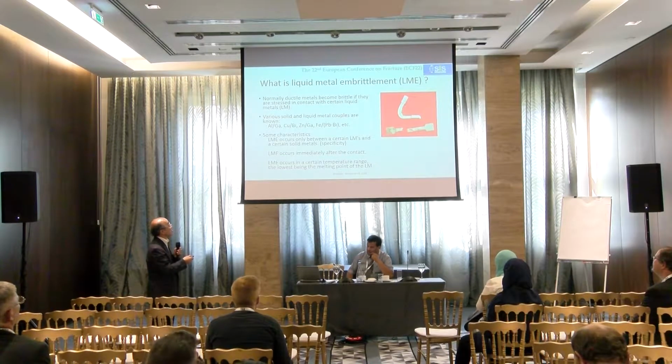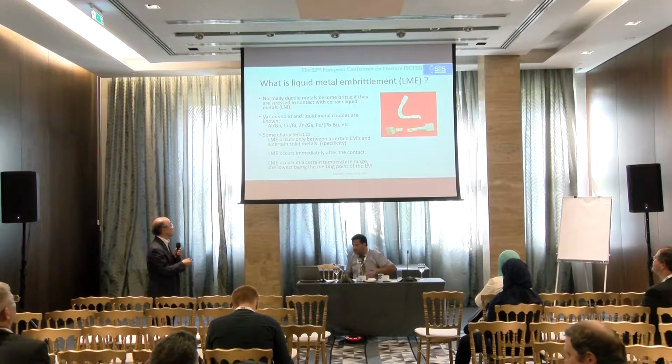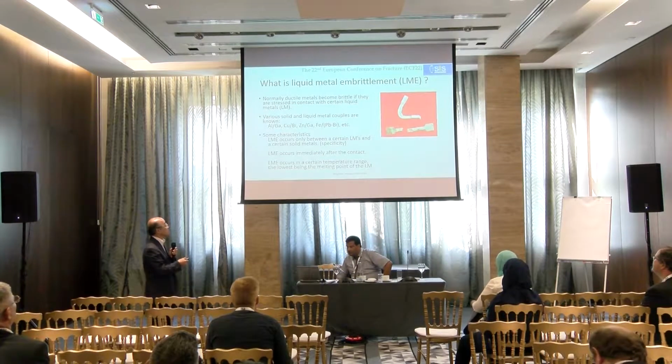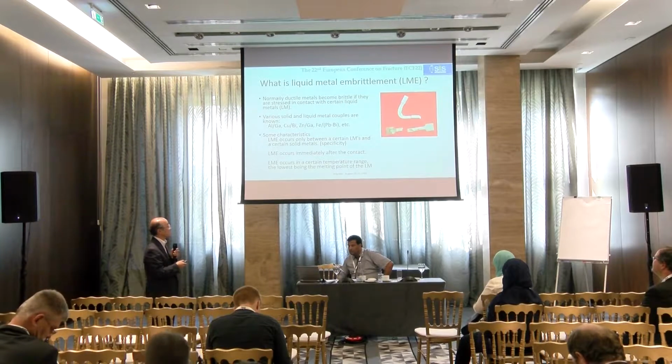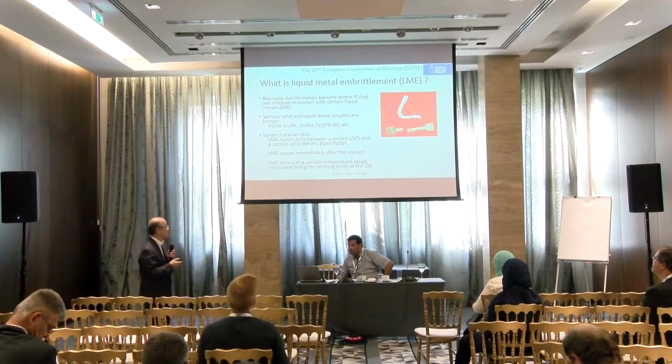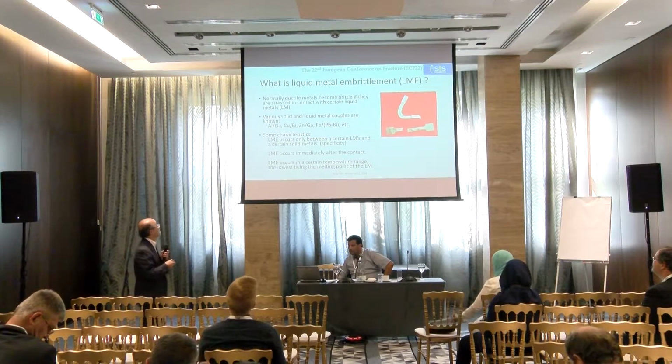This is an example of aluminum specimens. The upper specimen was bent in an inert environment, but the lower specimen was bent with a small drop of liquid gallium on the surface.